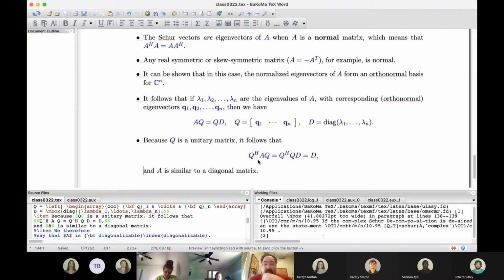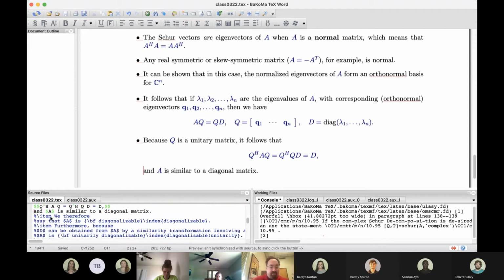So what this says is, if I multiply both sides of this by Q^H, I have Q^H A Q on the left side. Q^H Q is identity, because Q is a unitary matrix. That cancels, and you're left with D. So A is similar to a diagonal matrix in the sense of similarity transformations.